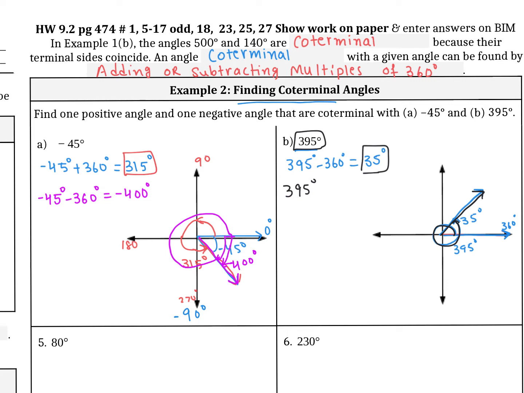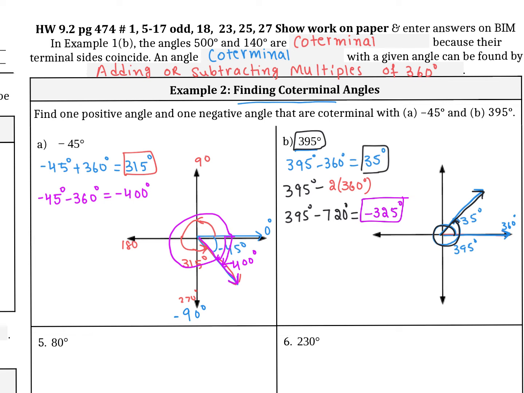That means 2 times 360, which is 720, from 395. So we subtract 360 twice so that we can have a negative coterminal, and that's going to be negative 325. When we graph this negative 325, it will bring us back to the same terminal.